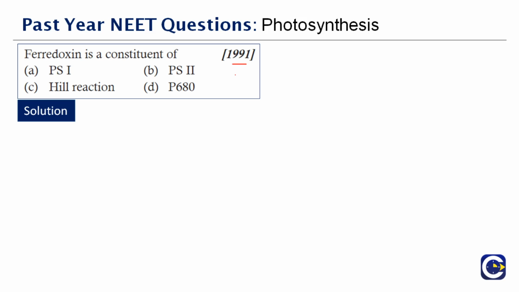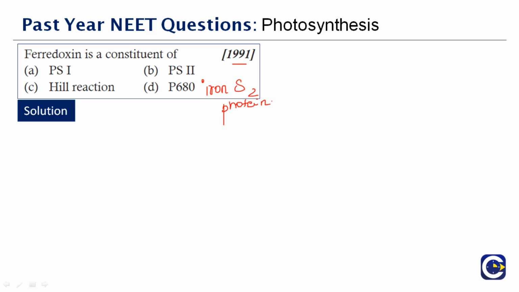Ferredoxin is an iron sulfur protein that mediates electron transfer in a range of metabolic reactions.